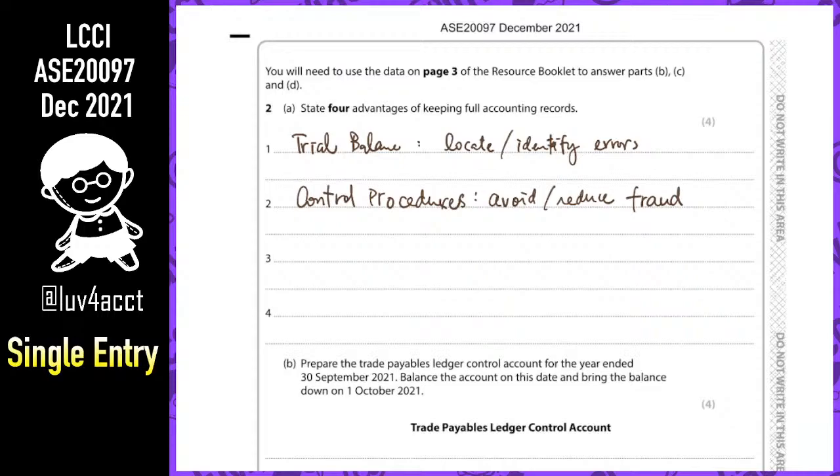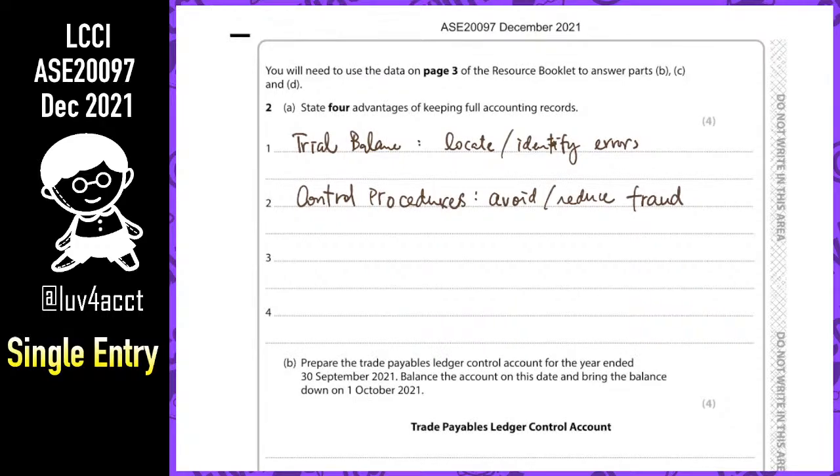So, item 3, I would say, also because of the trial balance and the use of ledger accounts, you can always have immediate access to financial information.